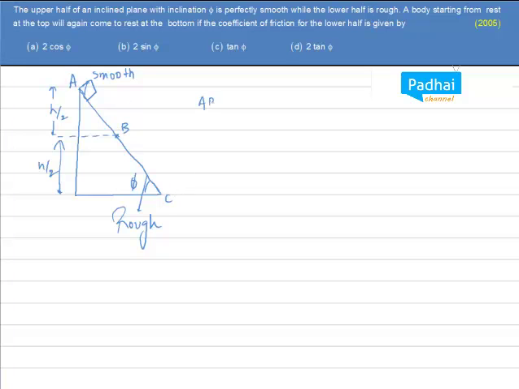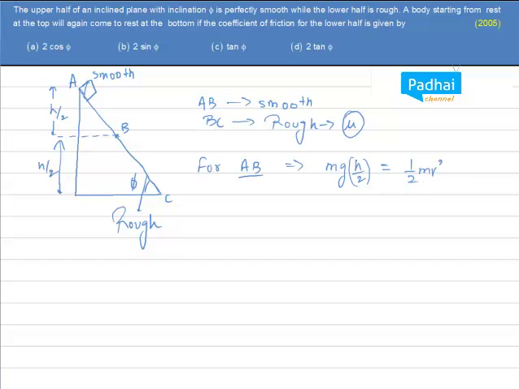So AB is smooth and BC is rough, and let us assume the coefficient of friction over here is mu. For the AB part, it is going down a height h by 2, which means that if I write mg into h by 2, this is the loss in potential energy, that will be equal to the gain in kinetic energy, half mv square.